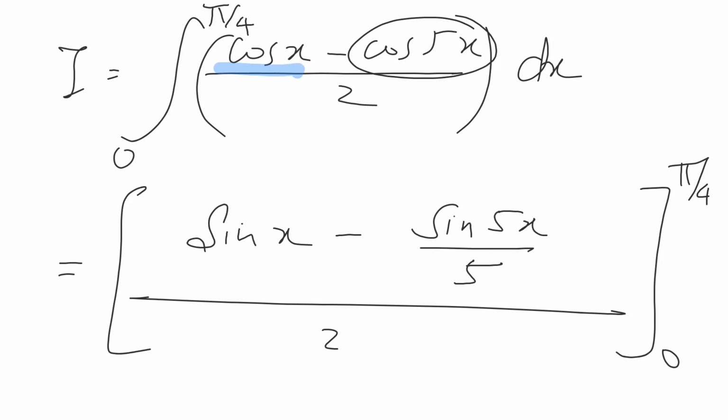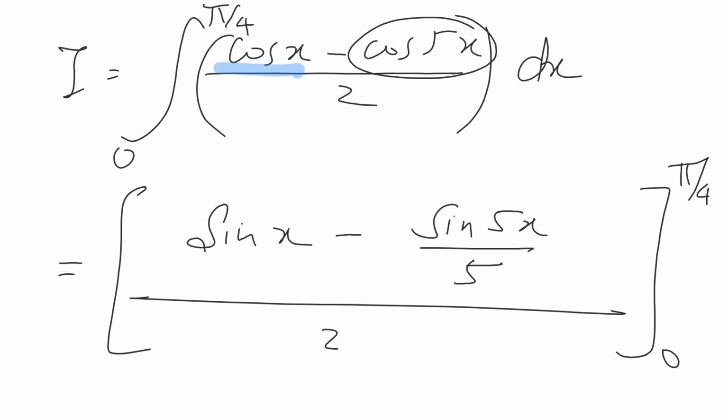After this step, what are we supposed to do, guys? Can you just let me know? Split the numerator. No need to split the numerator. We can just do box minus box. So after this step, I'm going to do box minus box. In the first box, wherever there is x, I'm going to put pi by 4.